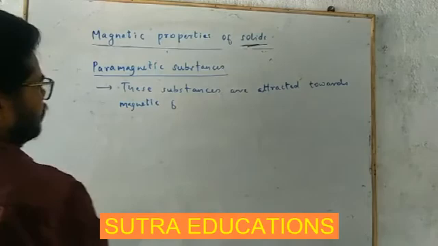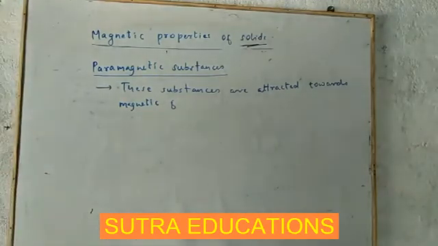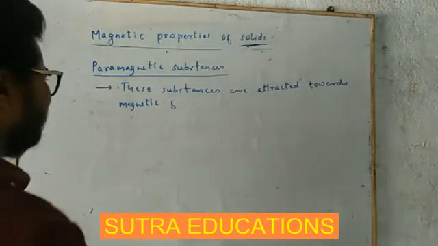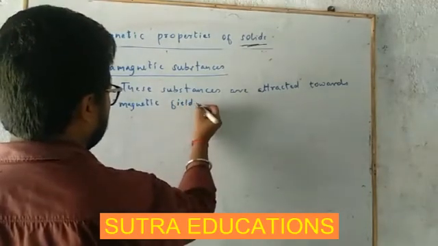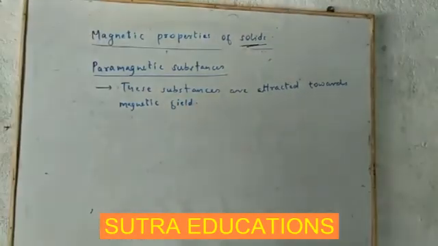Or simply, these substances are attracted towards magnets or a magnetic field. The first point is that these substances are attracted towards a magnetic field.